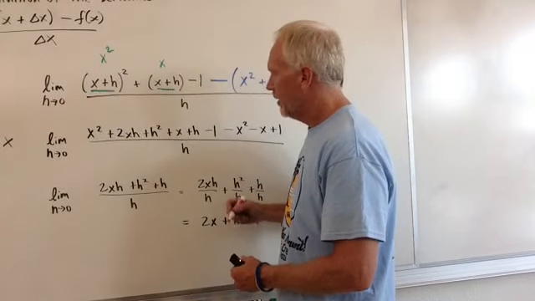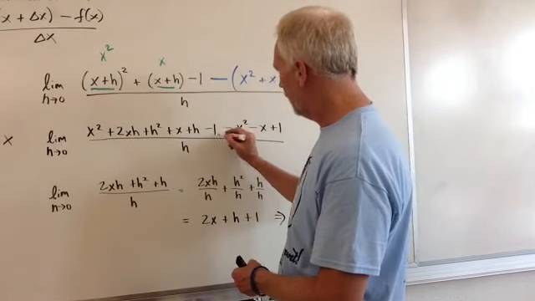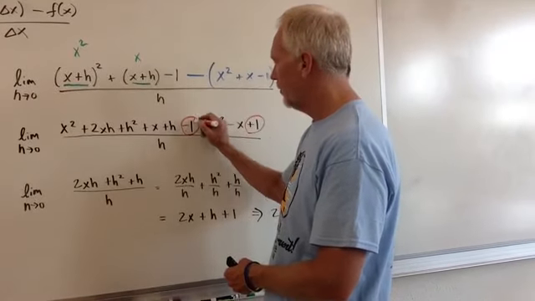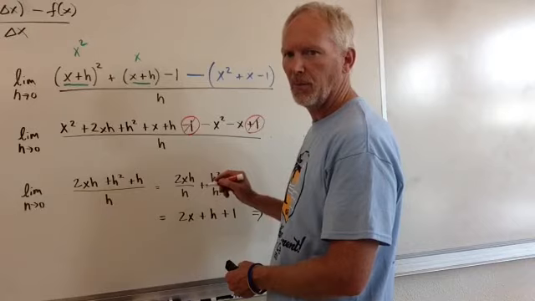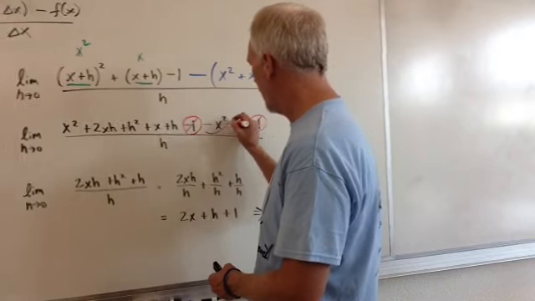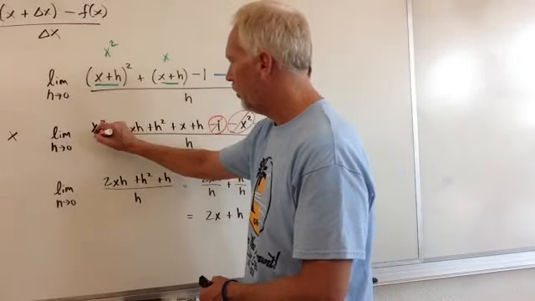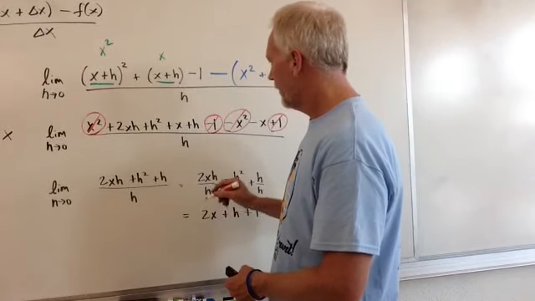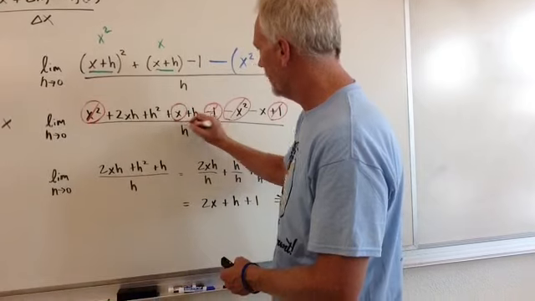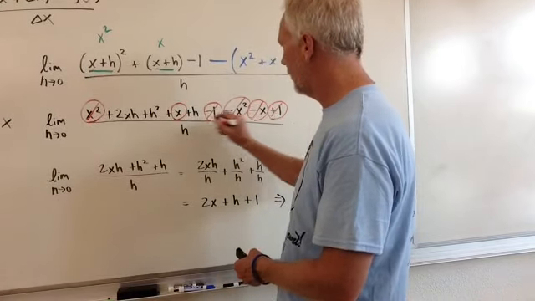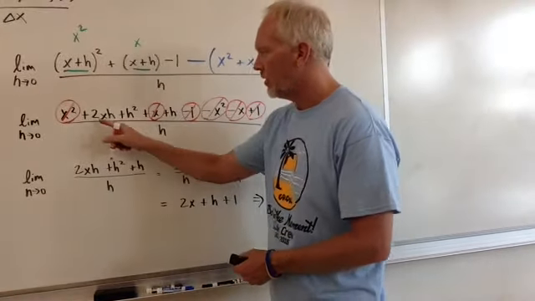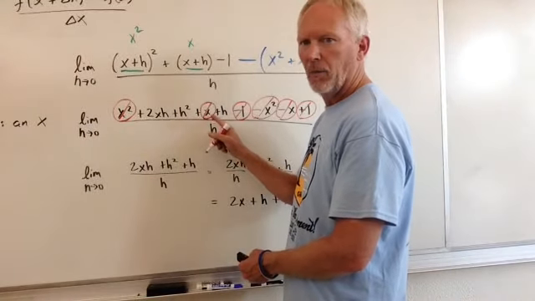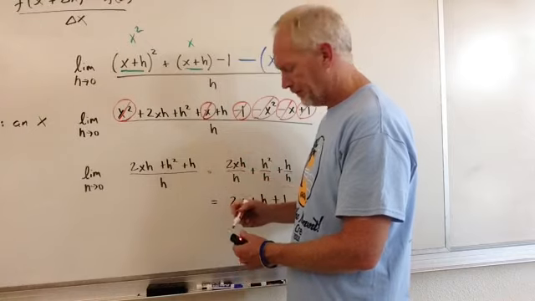For instance, there's a negative 1 and there's a positive 1, so those two can definitely simplify out. There's a negative x squared and a positive x squared. Those will simplify. Then we have an x and a negative x, and so those will simplify, leaving us 2xh plus h squared plus h all over h.